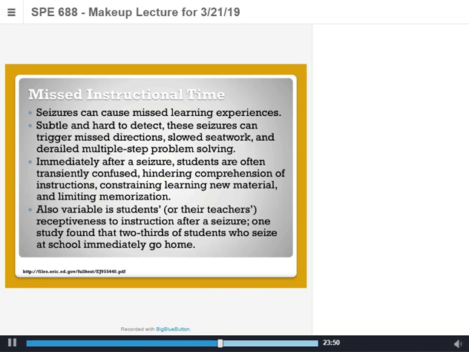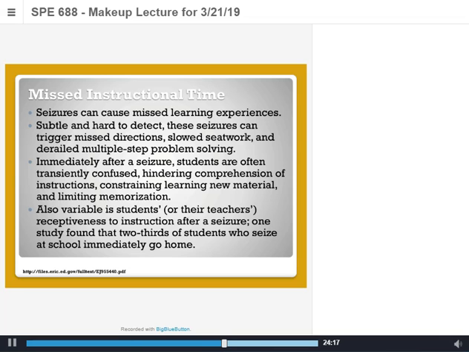I'm thinking high school math, that can be very, very difficult if they're having several small seizures that aren't necessarily apparent to the teacher. Immediately after the seizure, they're often confused, and so that's going to, of course, lead to a lack of comprehension of instruction or remembering new material and memorization.